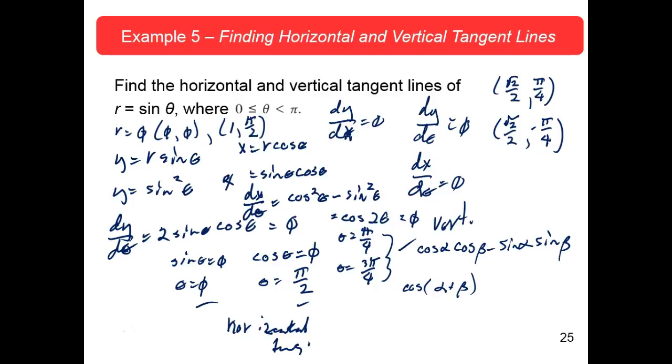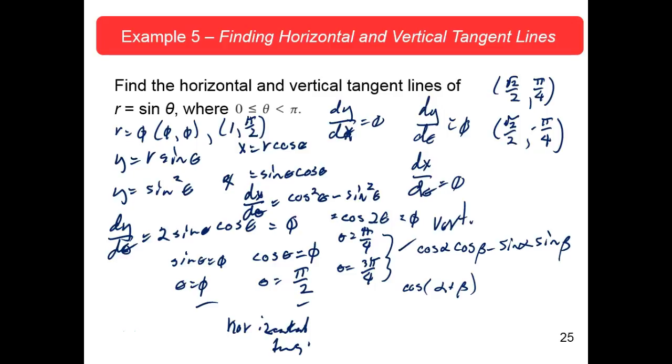Now those are the horizontal and vertical tangent lines in x's and y's. Really easy to write that way. If you're writing them in r theta, are they even writing them in r theta? No, I don't guess they do. They just draw them.